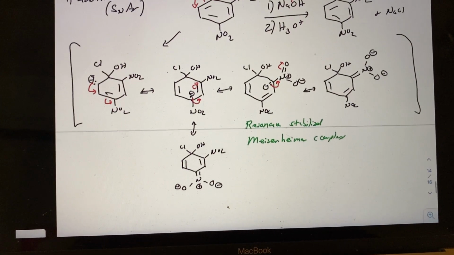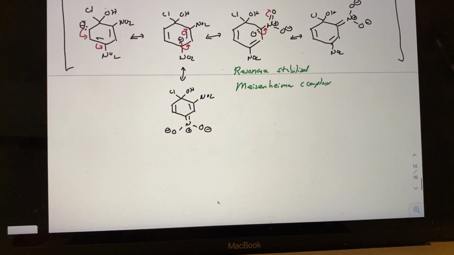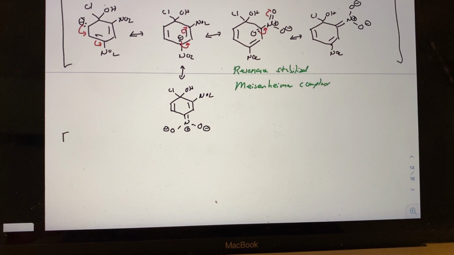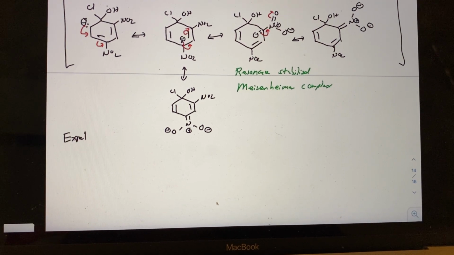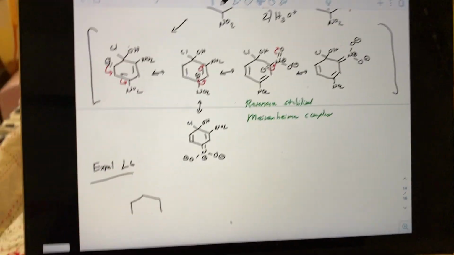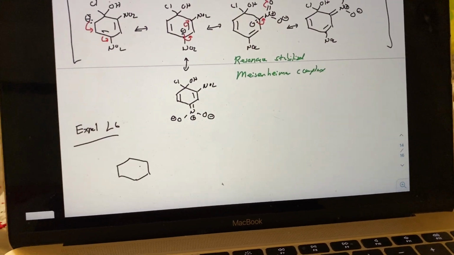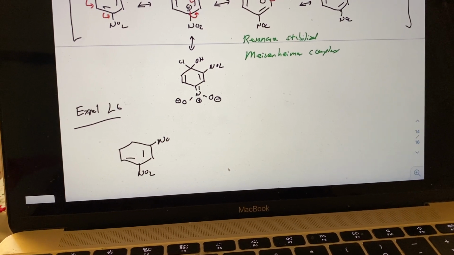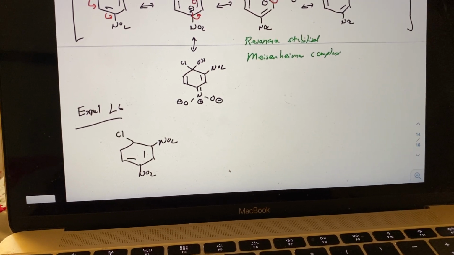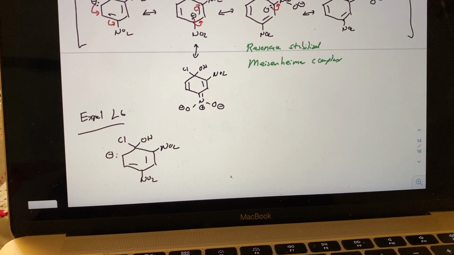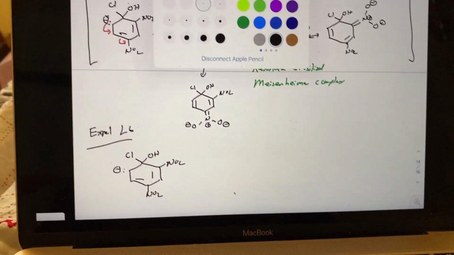So why don't I just go down here and then I'll redraw. So we're going to expel the leaving group. I'll redraw the first resonance structure just to make it a little more clear, hopefully. It's not really drawing it well, but we have the nitro here. Our lone pair of electrons, just showing one of the many resonance structures.